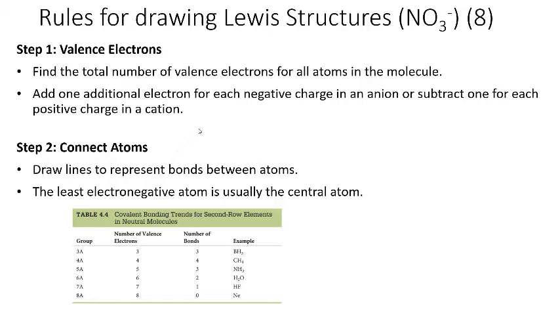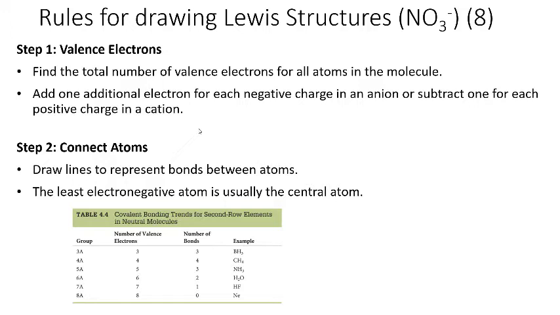So whenever you're drawing a Lewis structure for a molecule, I suggest that you follow each of these steps to a T. And so it's critical that you don't skip any of these steps. Okay, and so for the example for drawing this, we're going to use the nitrate ion, NO3 minus, as our example.